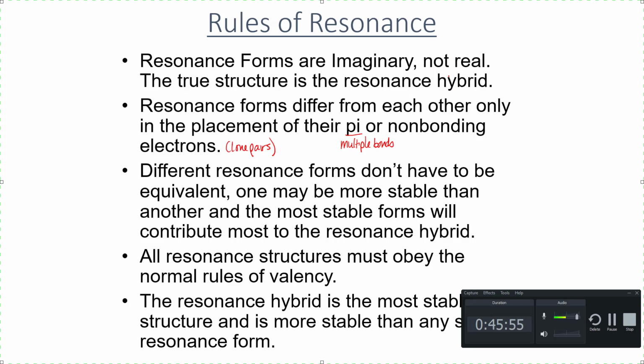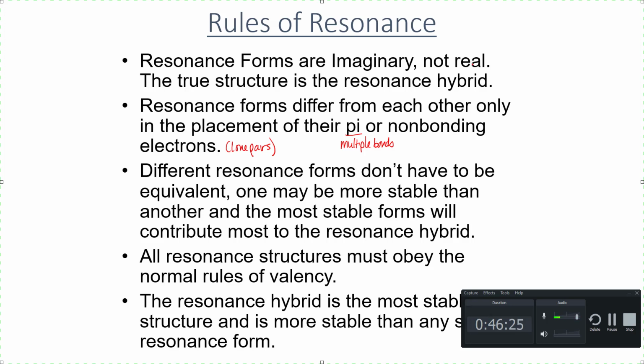Resonance forms are basically, let's say that I can use the idea of resonance theory like I would genetics. My best example of resonance forms would be, let's say that you bred a pit bull and a chihuahua.